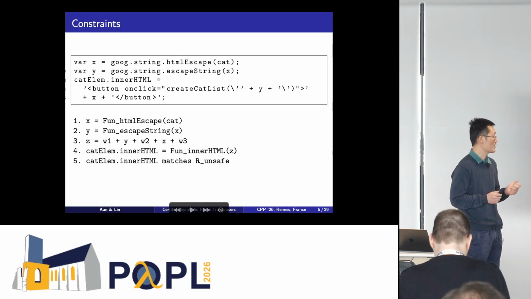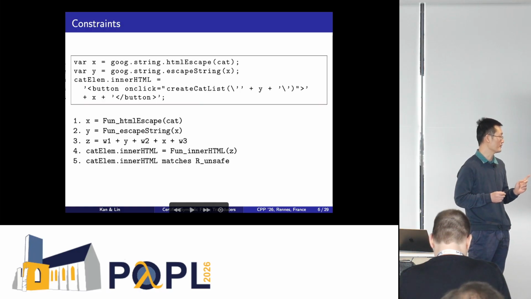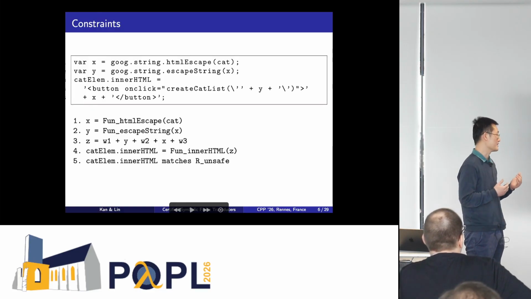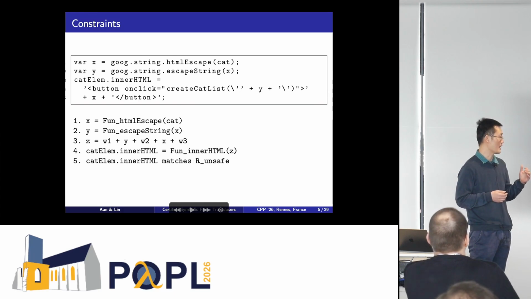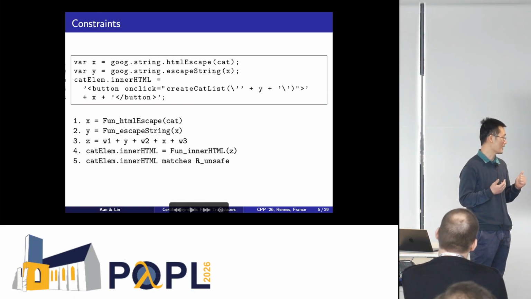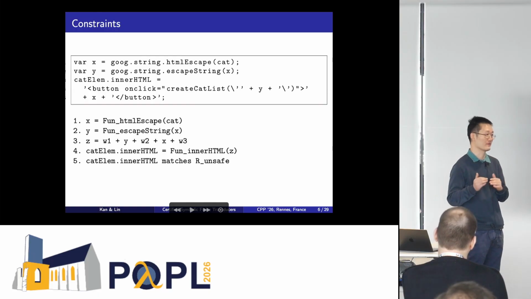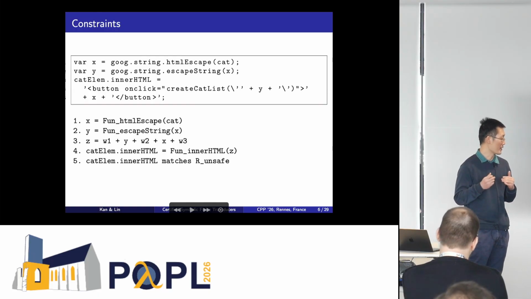And then put the result of the HTML escape into the escape string function. After that, we use concatenation. Here the plus is string concatenation. We concatenate them together, we get Z, and then we use the inner HTML function encoder to further transform it into the inner cat element in the HTML. So this means we finally get the final string to be shown on the browser, on your web page.